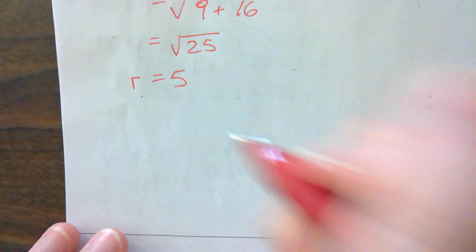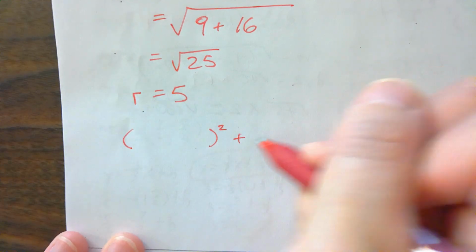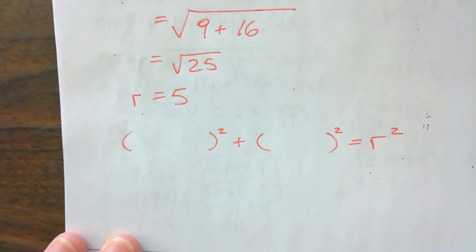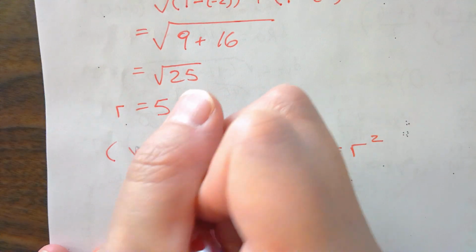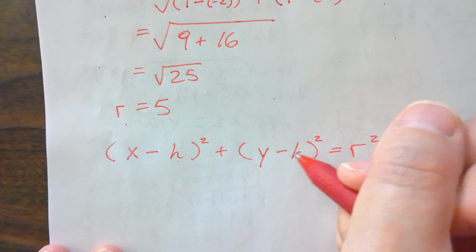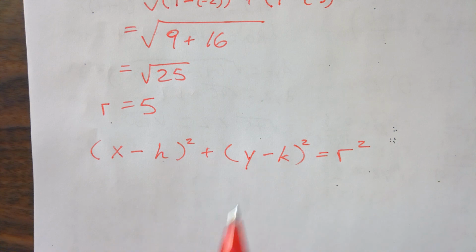If I were to write the equation of this circle, remember it is x minus h squared plus y minus k squared equals r squared, because the circle is not centered at 0, 0.